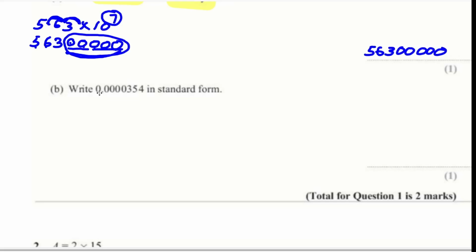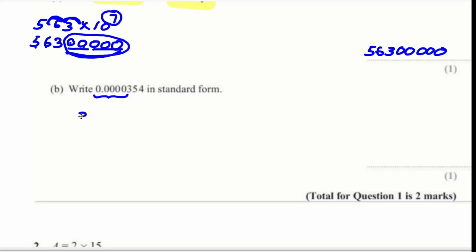Then you have to bring the decimal point in between the first and second significant figures. These are the leading zeros, and leading zeros are not significant figures. Therefore, you have to ignore them. 3 is the first significant figure, 5 is the second significant figure. Therefore, you need to make this decimal point jump in between 3 and 5.